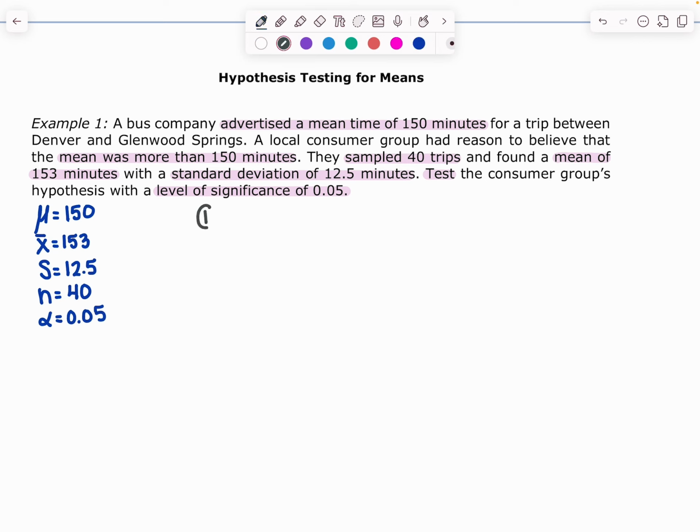So first thing we're going to do is write out the null and alternative. So every hypothesis test starts with an H0 and an HA.